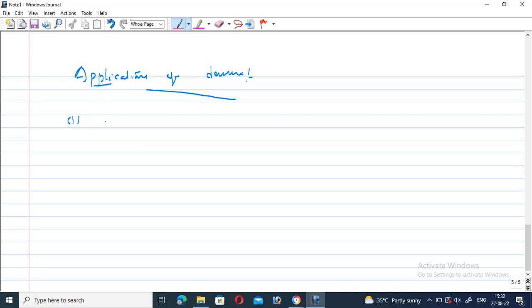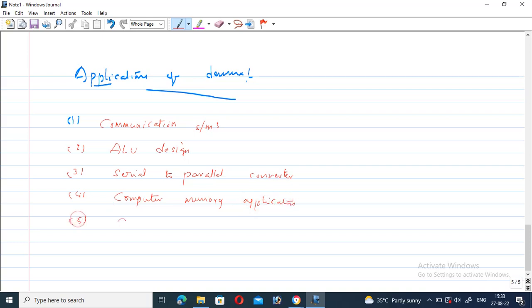Like communication systems, ALU designing, serial to parallel converter, computer memory application, communication system, already discussed, right?